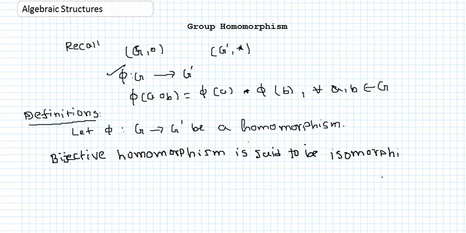So they are different names for different types of homomorphism, and I think you should remember them. Okay, let's go to another example.